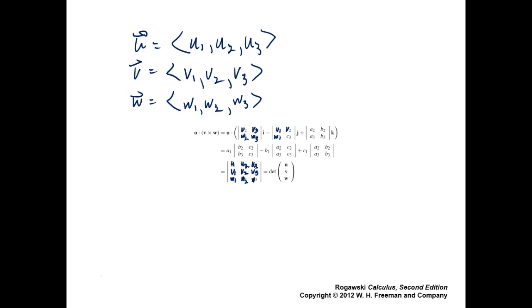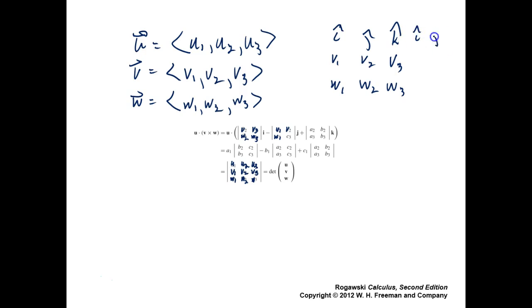And if you had V cross W, this is I, J, K, V1, V2, V3, W1, W2, W3, right? Those are the components.